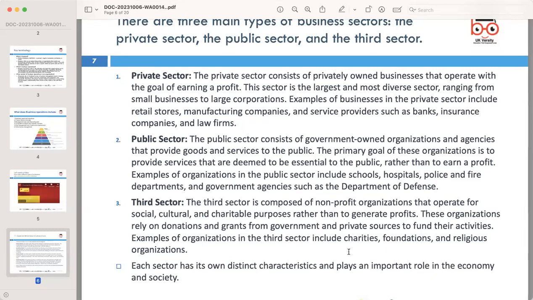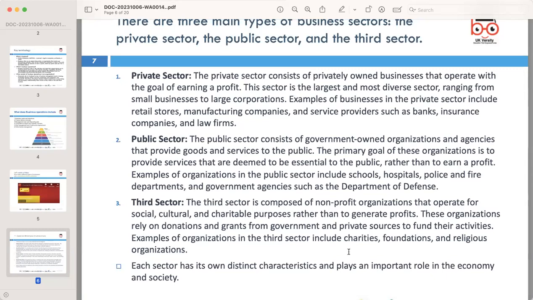Rather than generating profit, these organizations rely on donations and grants from government and private sources to fund their activities. Examples of organizations in the third sector include charities, foundations, and religious organizations.